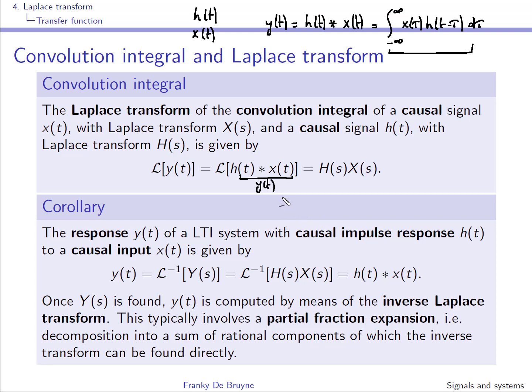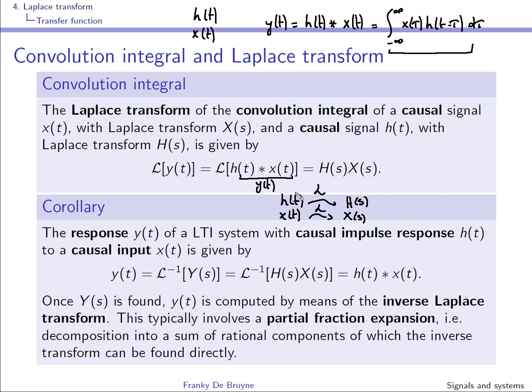So if you're given h of t, the impulse response, you'll take the Laplace transform and we'll call that the transfer function. You take x of t, the input, you take the Laplace transform, and this will be x of s.